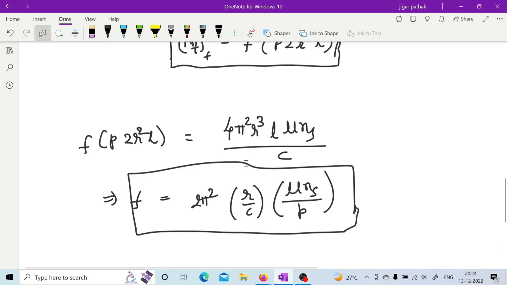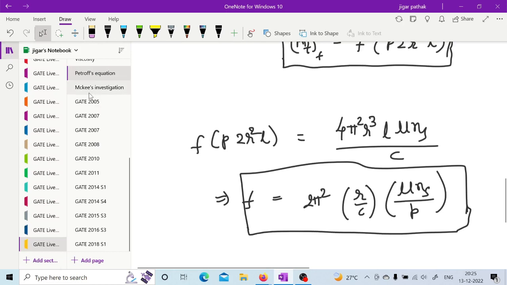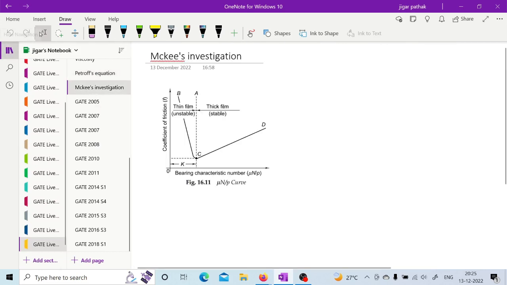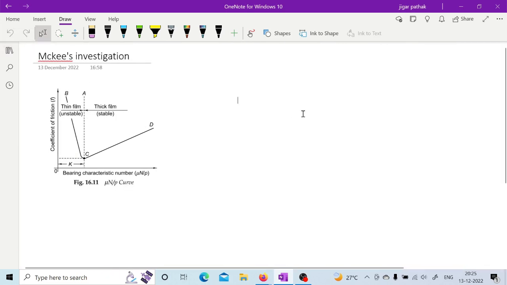So from this particular thing, one more important thing is Mackey's investigation. What Mackey has done is investigate how this mu n by P affects the thickness of the lubricating film.